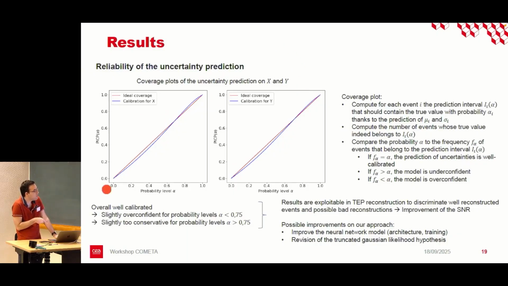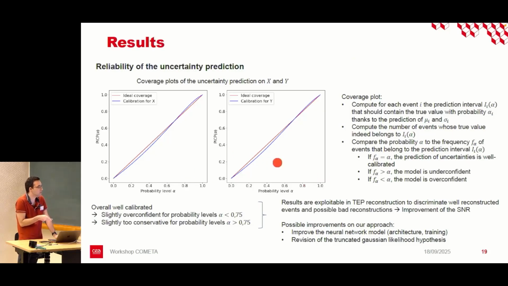Actually, it's slightly overconfident at this position, because the blue curve is below the red one. So it means that, for instance, when we have a probability level at 40%, it represents 35% of the events. So we are overconfident here, and a bit underconfident for these probability levels.